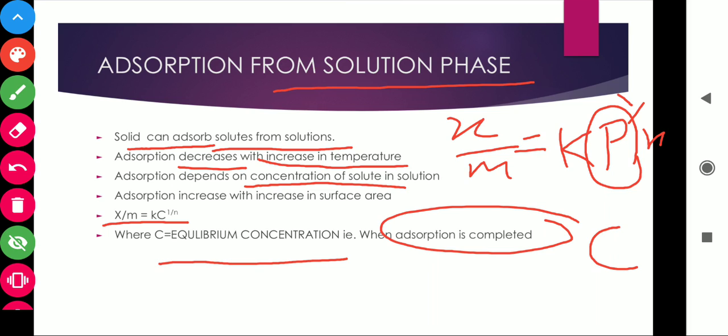Again we can take log and draw the graph as we did for the previous example. This is the adsorption from solution phase. Solutes get adsorbed, and here concentration is taken rather than pressure.